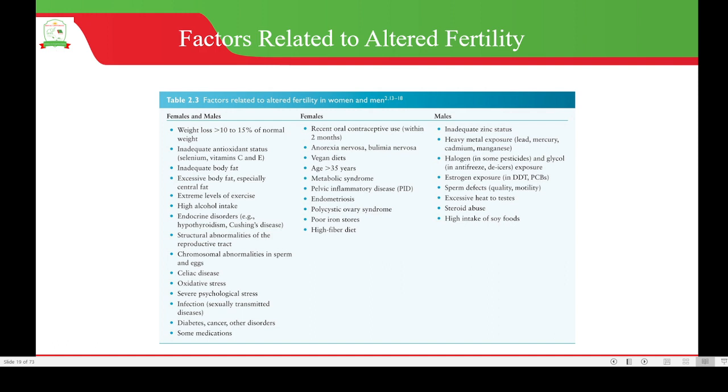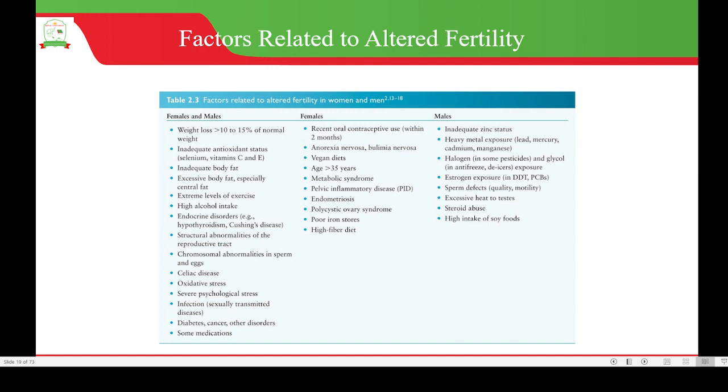In males, we have inadequate zinc status, heavy metal exposure, for example, lead, mercury, cadmium, and manganese, halogens in some pesticides, and glycol in antifreeze, de-icers exposure, estrogen exposure in DDT and PCBs, sperm defects.